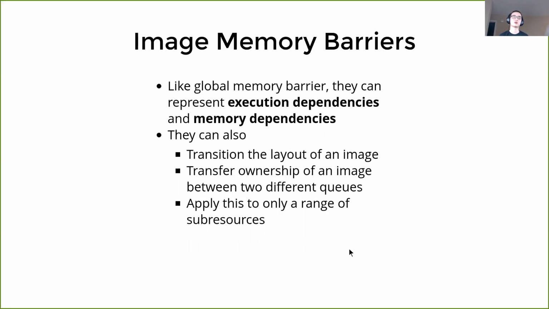But they can also transition the layout of an image, or transfer ownership of an image between different queues. And they can also apply only to a range of sub-resources, so they don't need to apply to the whole image.